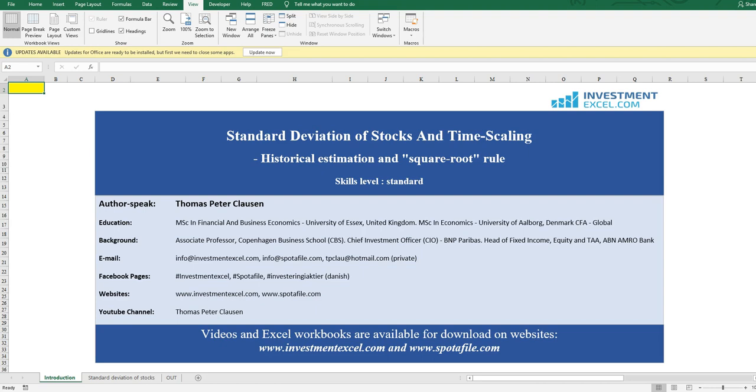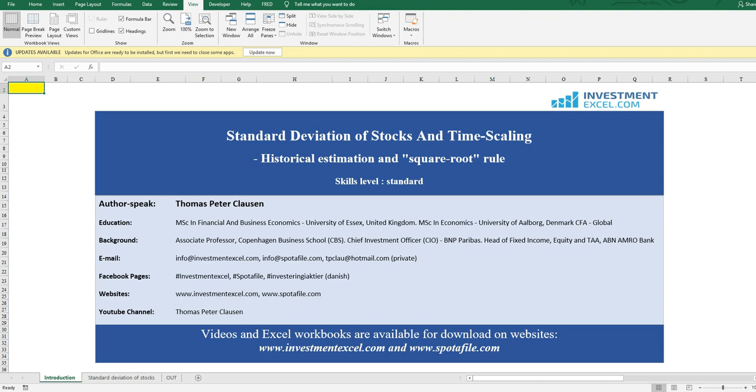I'm here today to talk about standard deviation of stocks and time scaling of standard deviation. This is a topic that has been requested on investmentexcel.com, and as such it's in the category popular topics on the site.